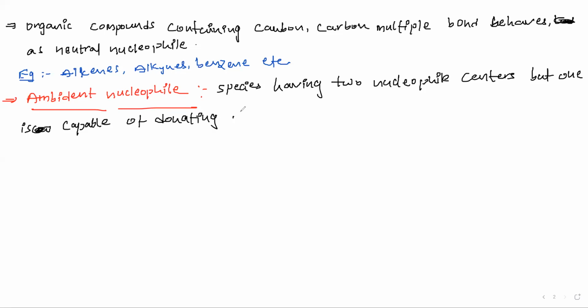Species capable of donating a lone pair are known as ambident nucleophiles. Ambident nucleophile.